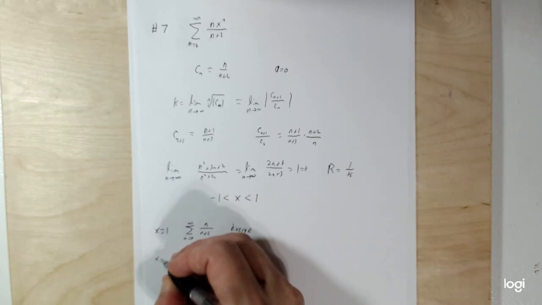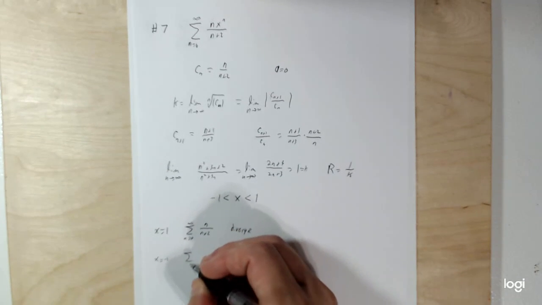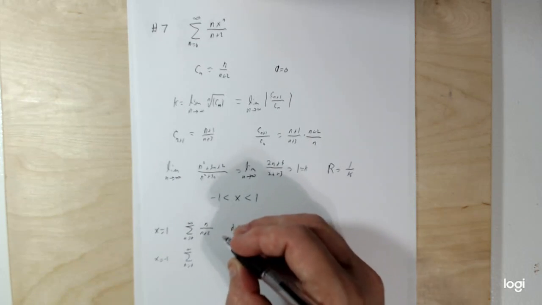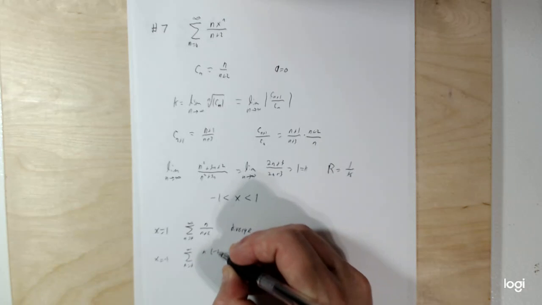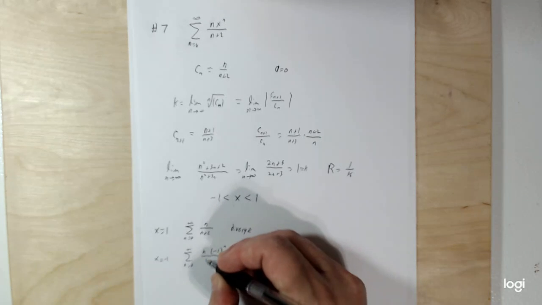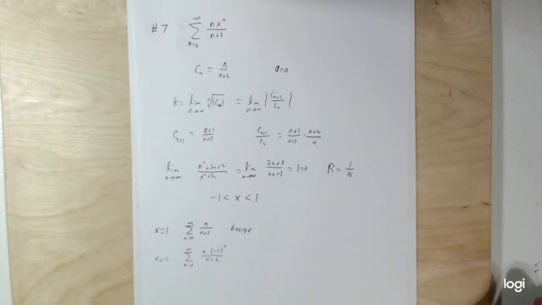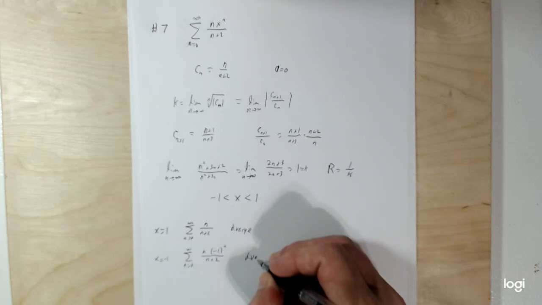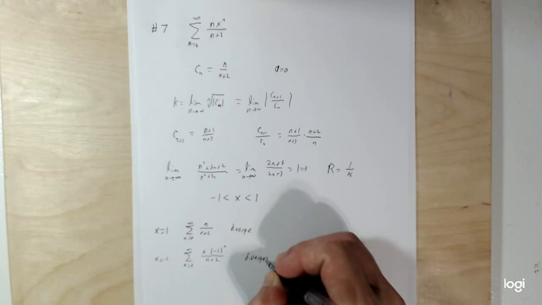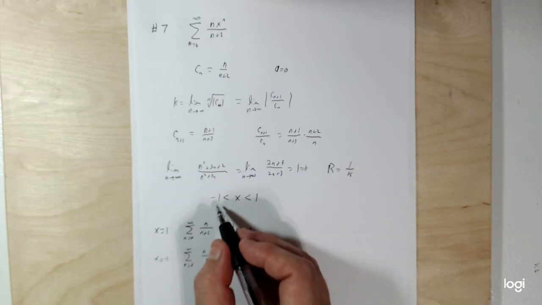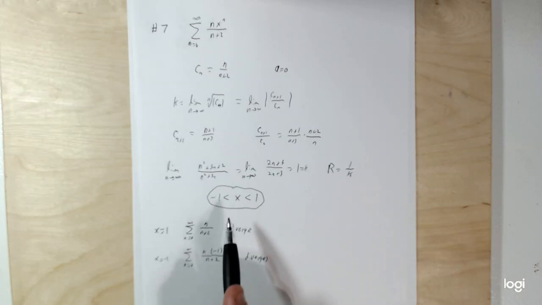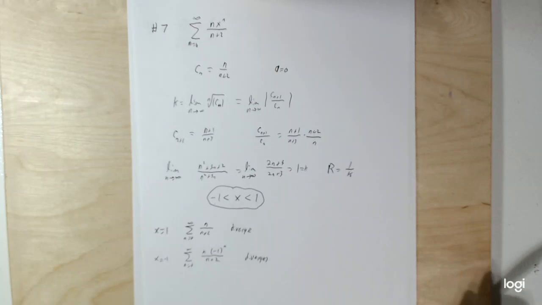When x is negative 1, you get the sum, n equals 0 to infinity, of n over n plus 2 times negative 1 to the n. And while it alternates, the terms are not going to 0, so we still get divergence. So our domain for this function defined by this series is going to be all the x values strictly between negative 1 and positive 1.